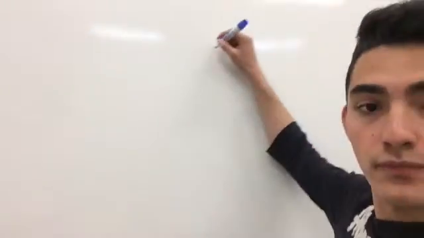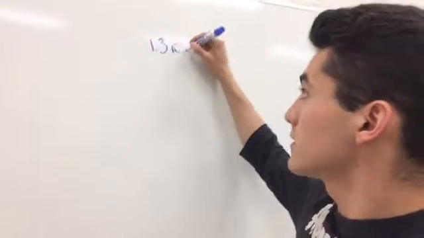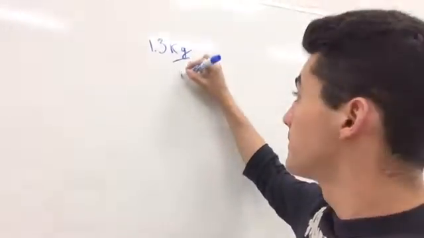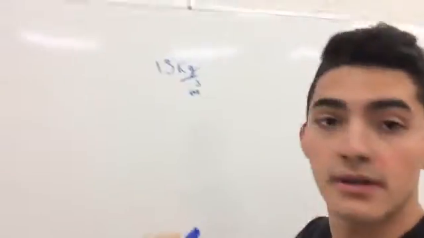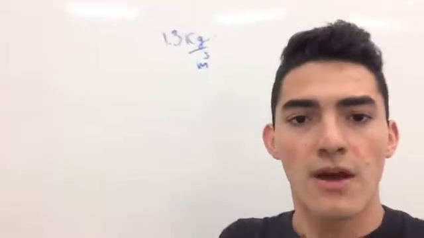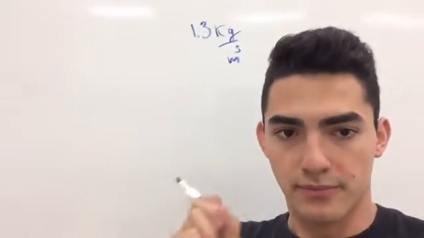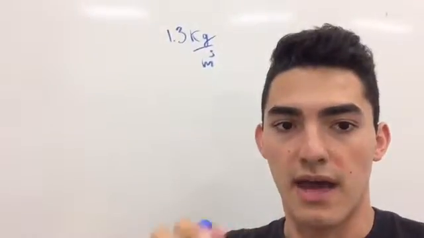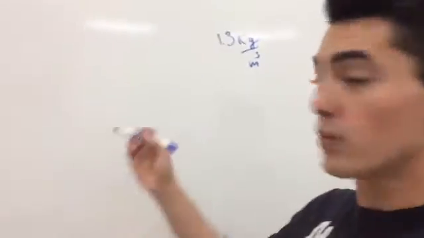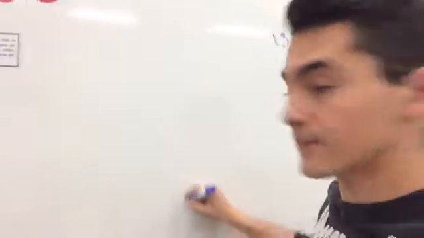And if it decreases linearly to zero with height, take the air pressure at sea level to be 1 atmosphere and the air density equal to 1.3 kilograms per meter cubed.